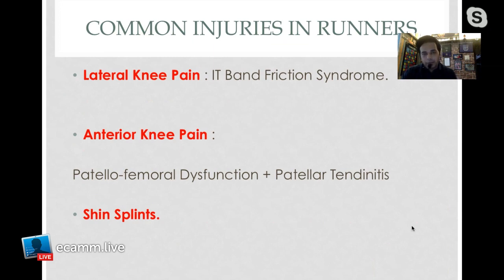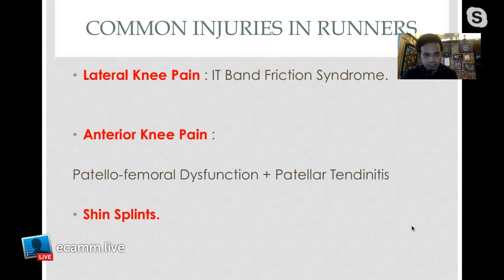Now coming to our topic, I have categorized the most common injuries in runners. I've classified the running injuries in the lower limb into three categories. The first is lateral knee pain, the second is anterior knee pain, and the third is in the lower leg, that is shin splints. In lateral knee pain, we are going to talk about a syndrome most commonly seen in running athletes, which is IT band friction syndrome.